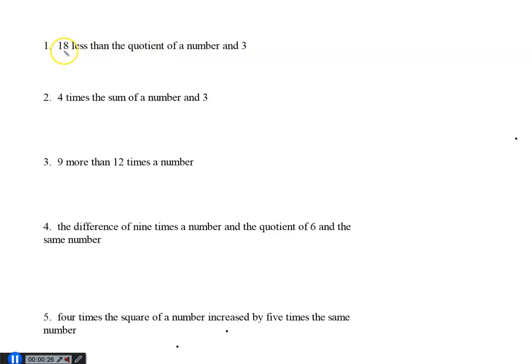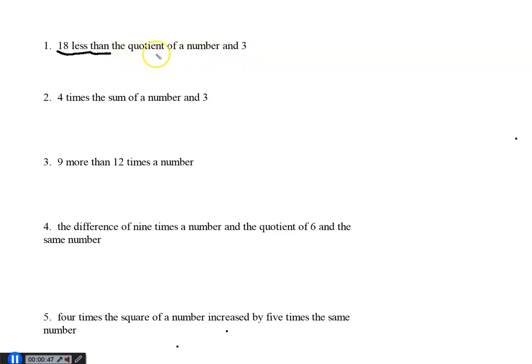And so first of all, number 1, 18 less than the quotient of a number and 3. So I would always treat less than, which refers to subtraction. More than is its addition counterpart. I would always subtract off of this other expression that's given.